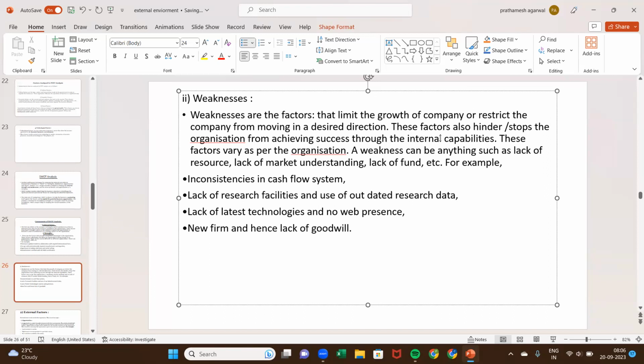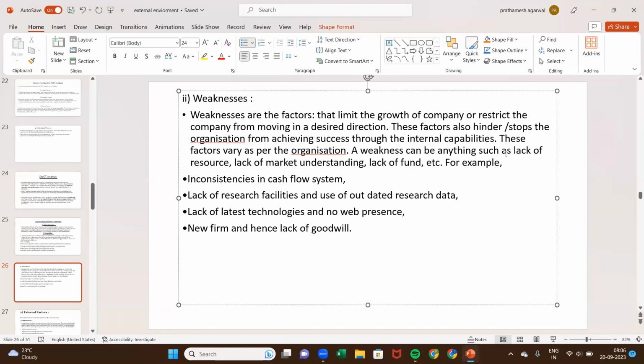Internal capabilities means what capacities the organization has within itself. These factors vary as per the organization, meaning they are different for different organizations.